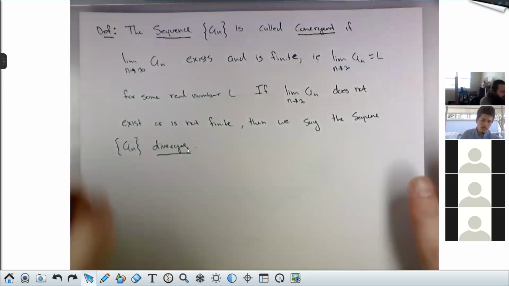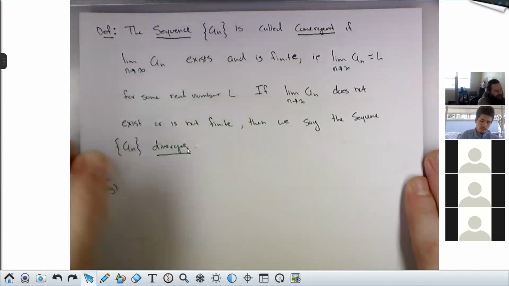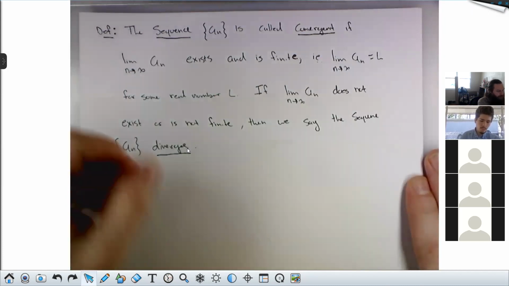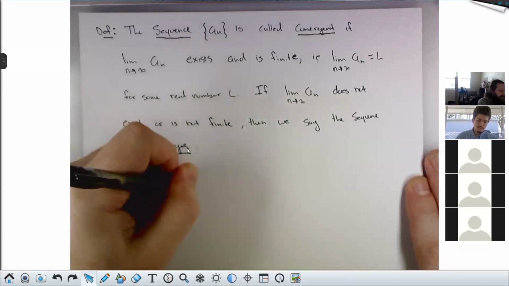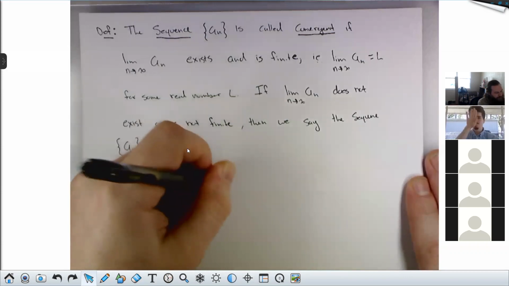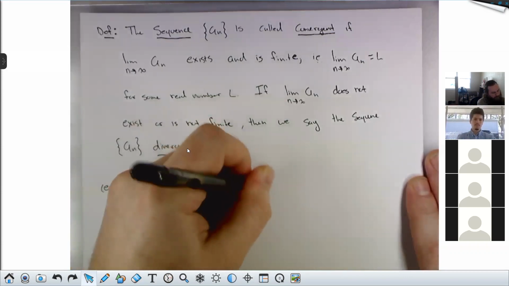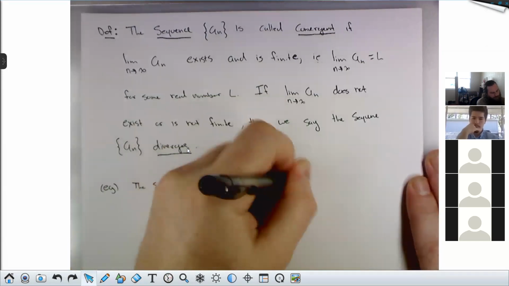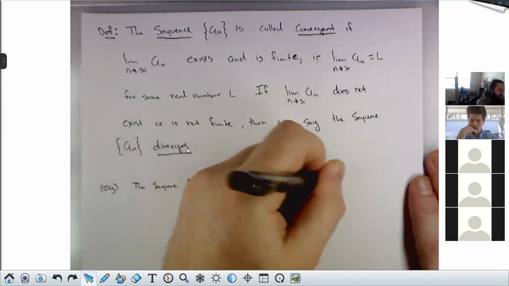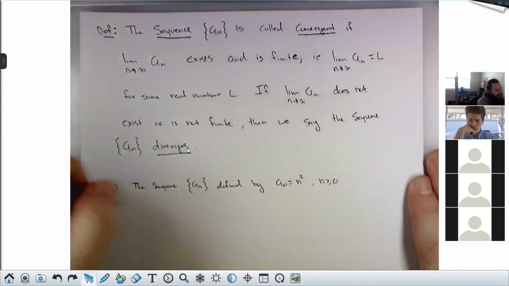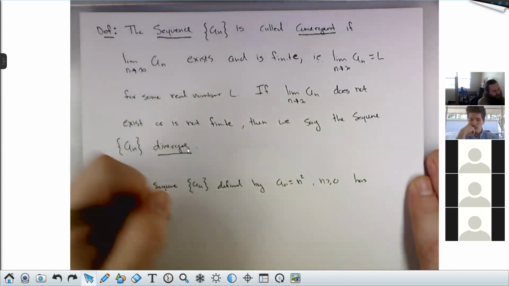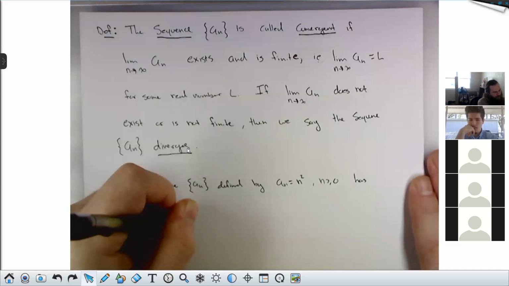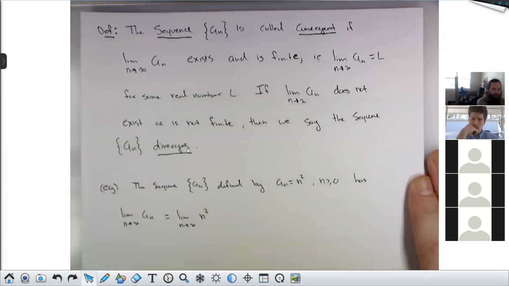So some examples. I can take some of the things we played with a minute ago, right? The sequence AN defined by the rule AN equals n squared, where n is greater than or equal to 0, has the limit as n goes to infinity of AN equals the limit as n goes to infinity of n squared.